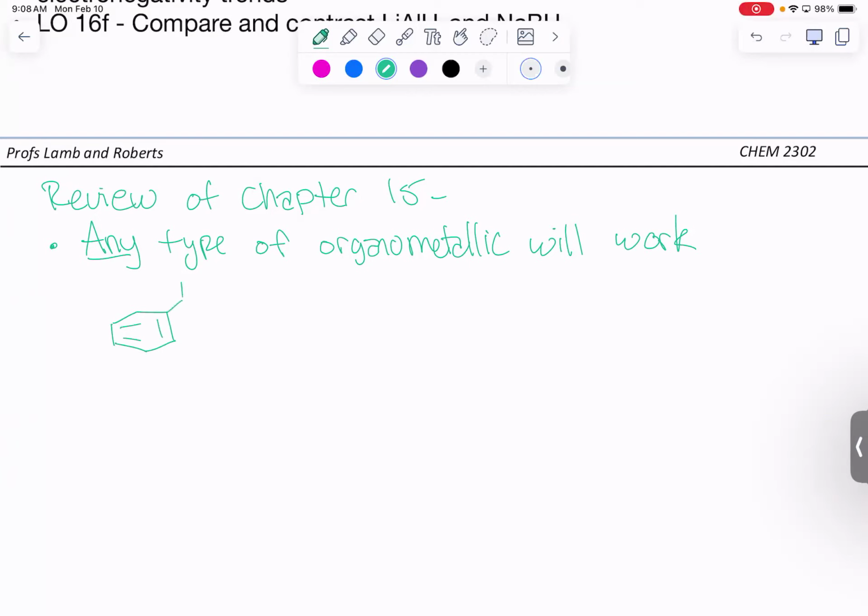So thinking about a retrosynthesis of our alcohols, perhaps we had something that looked a little bit like this. And we could think about two retrosyntheses of this. I'll just go over one. For example, if we were to break the bond at this position, you could be equally correct to break it at the other position with a different set of organometallic reagents.